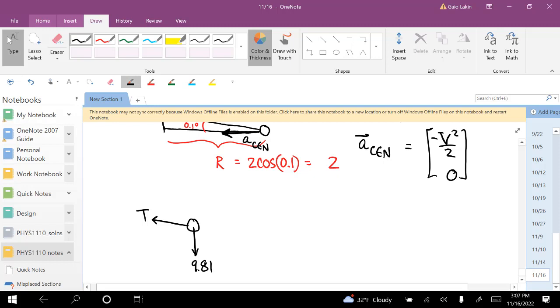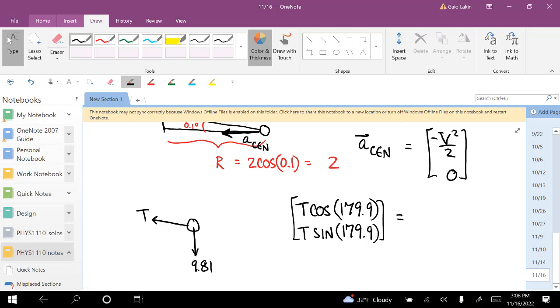And so that cable force is going to be T times cosine of 179.9, T times sine of 179.9, which is almost exactly negative T for x.